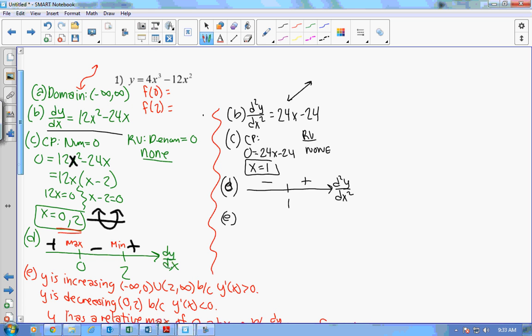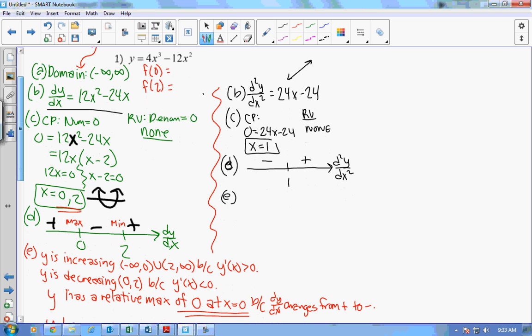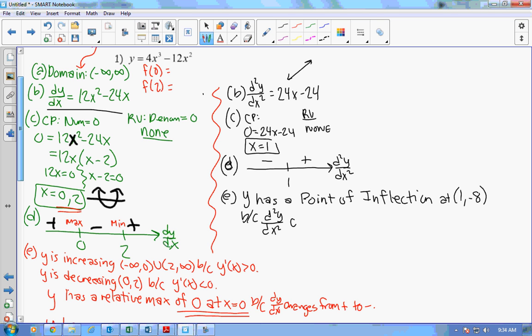So y has a point of inflection at 1, negative 8, because y double prime, or the second derivative, changes signs.